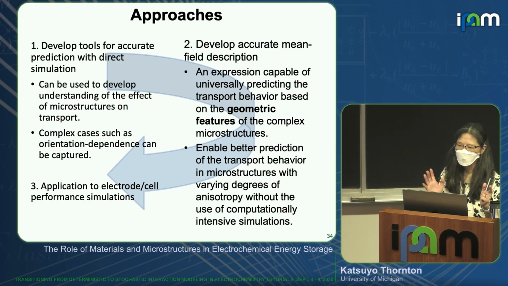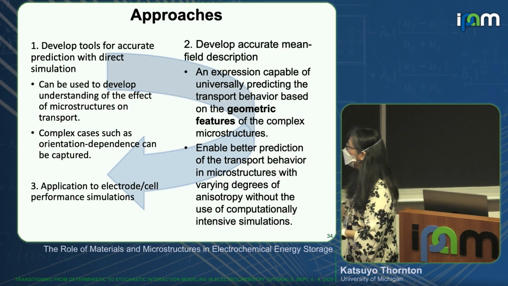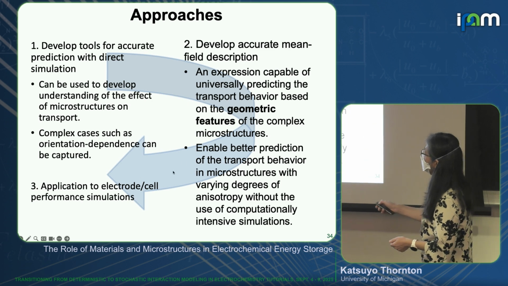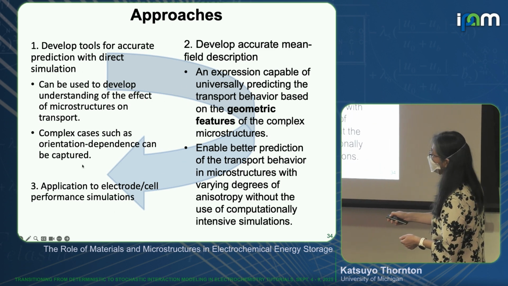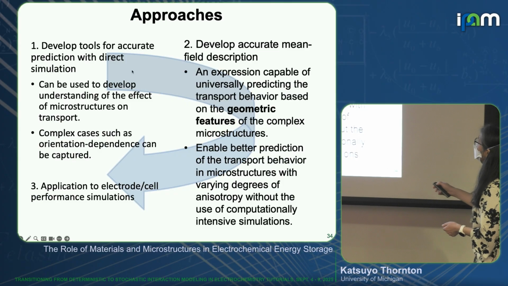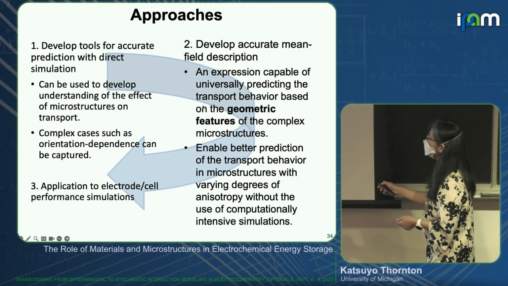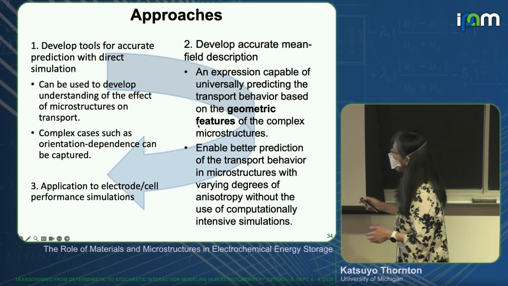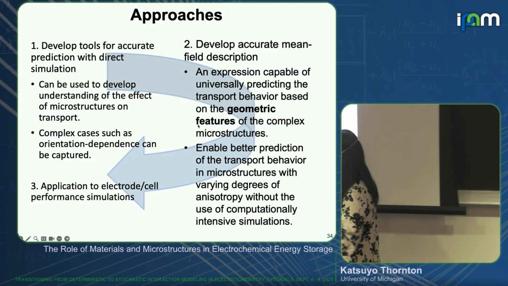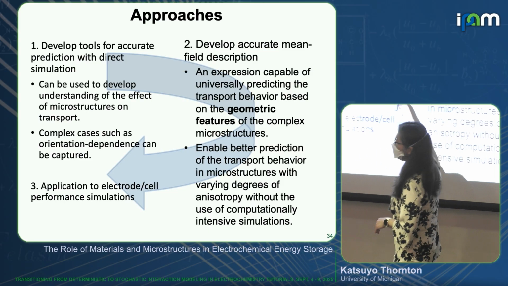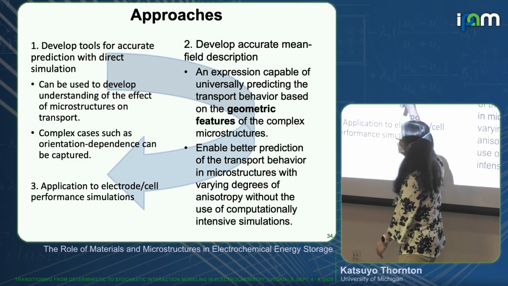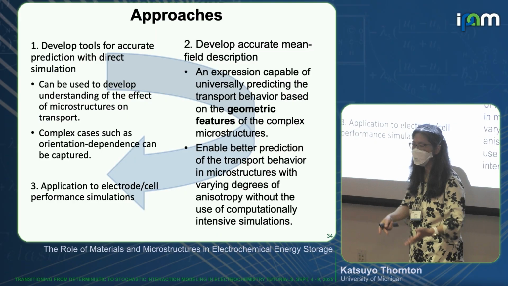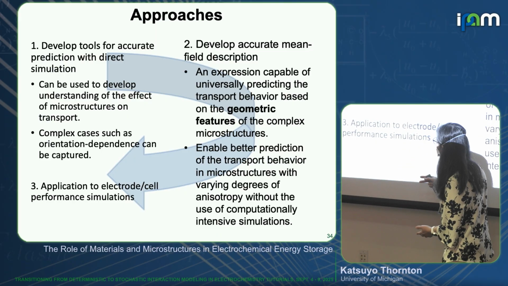We have two main things. One is to develop accurate prediction with the direct simulation, and then develop an accurate mean field description. So specifically for this particular problem, we can use the smooth boundary method that I talked about last time, and that includes the effect of the microstructure on the transport.